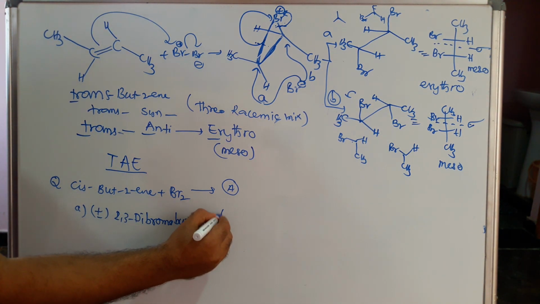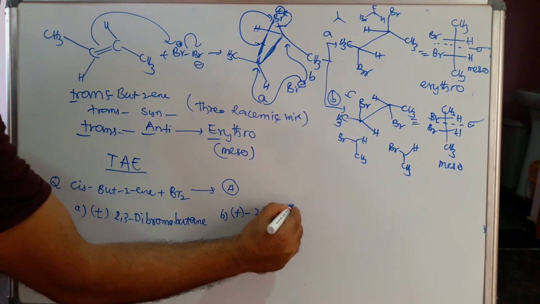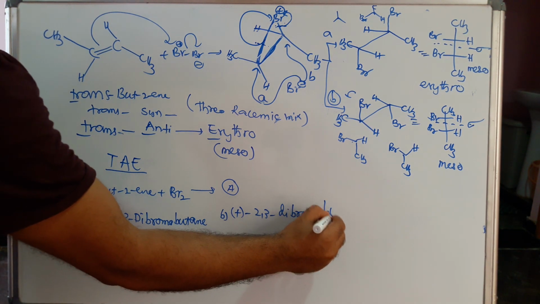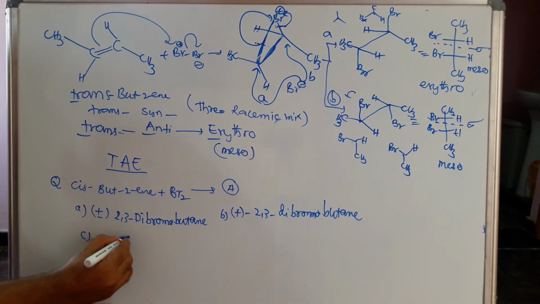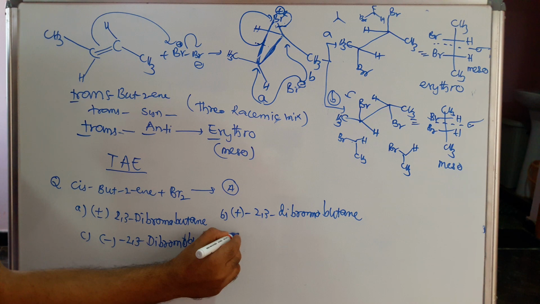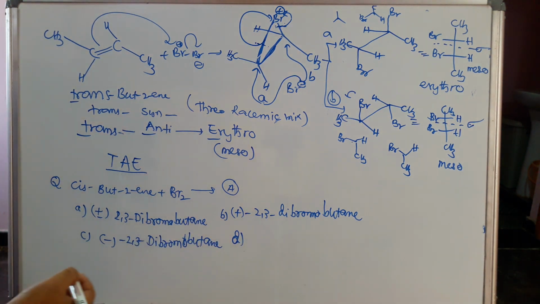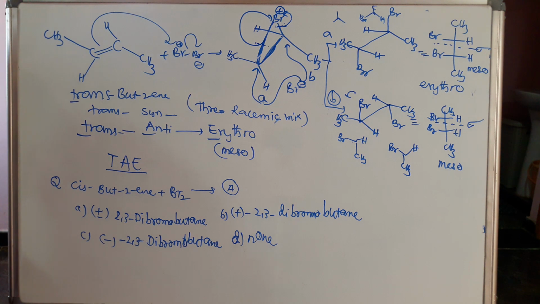Next one, B, plus 2,3-dibromobutane. C, minus 2,3-dibromobutane. D, none. If options like this are given, then there is no need to write all this equation in the examination.